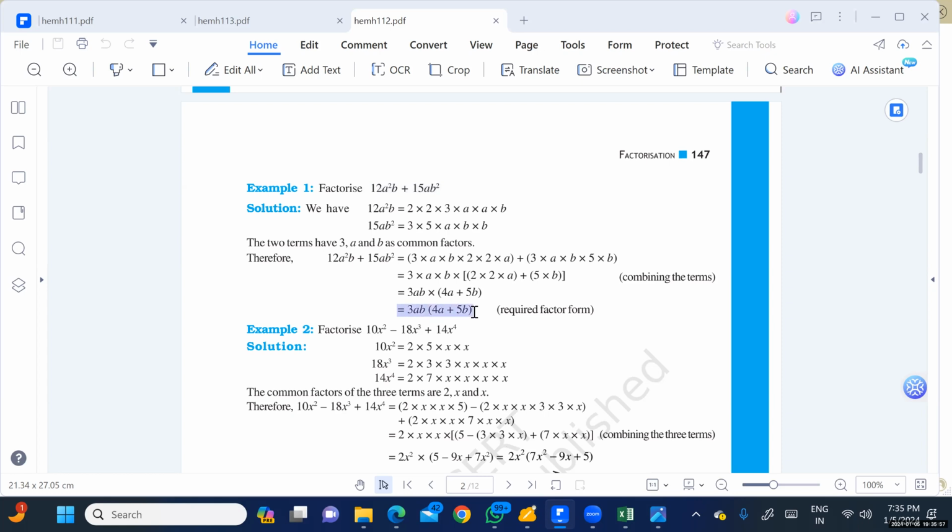So Himangi, try not writing into 3 into 2 comma x comma and all. Okay, this is the required factor form. It is ending over here. We end the factor form here itself.